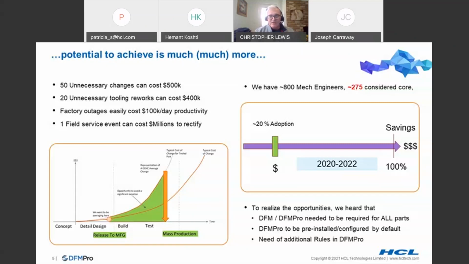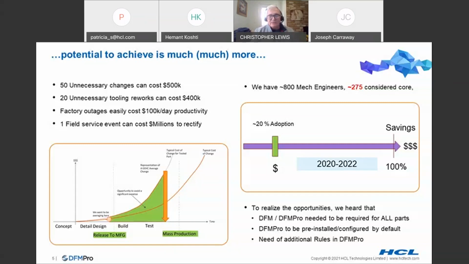The volumes of our products in the market, plus the costs of taking a field service engineer or replacing that unit, reworking that unit, they can run into millions in a matter of days if you're not careful. So there's a huge amount of need to get it right the first time. I think Joe was alluding to that. We don't always do that, unfortunately, and we're always striving to be better.